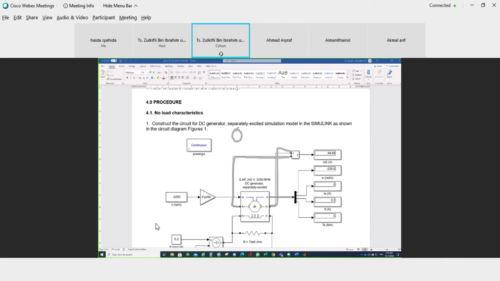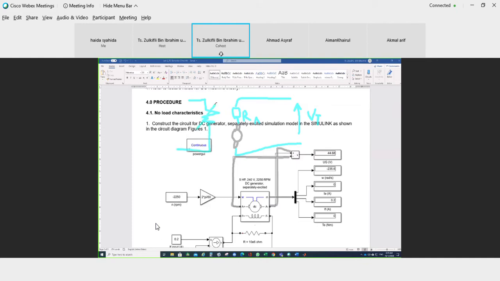You have something like this. Then you have the RA and the, so this is your VT, terminal, and this is your RA, and you have here, ini adalah separately excited kan, so kita ada additional dekat sini untuk field.